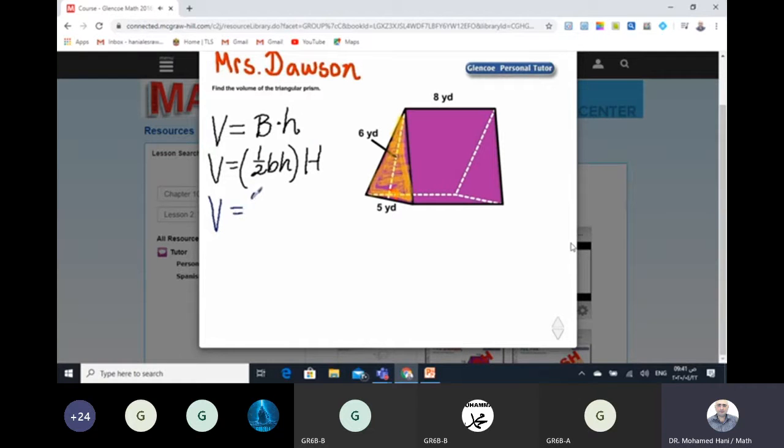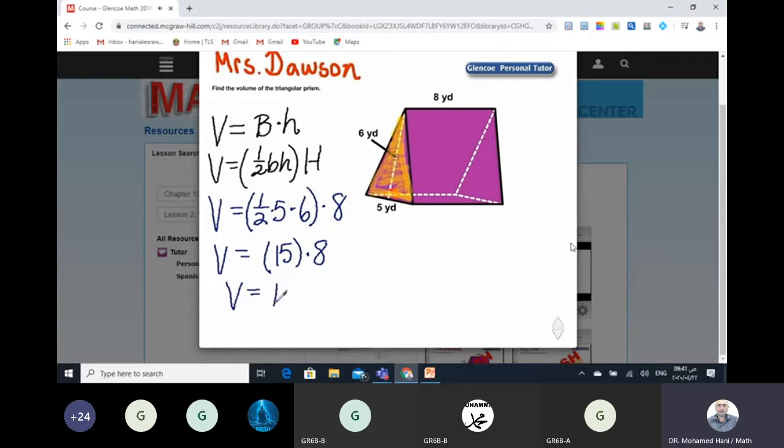So the volume is 1/2 times the base of the triangle, which is 5, times the height of the triangle, which is 6, multiplied by the height of the prism, which is the distance between the two bases, in this case, 8. When we simplify, we have 1/2 times 5 times 6, which is 15, and then multiplied by 8.